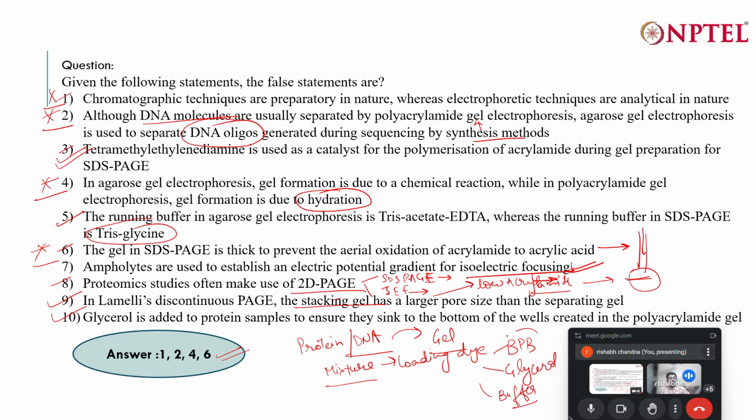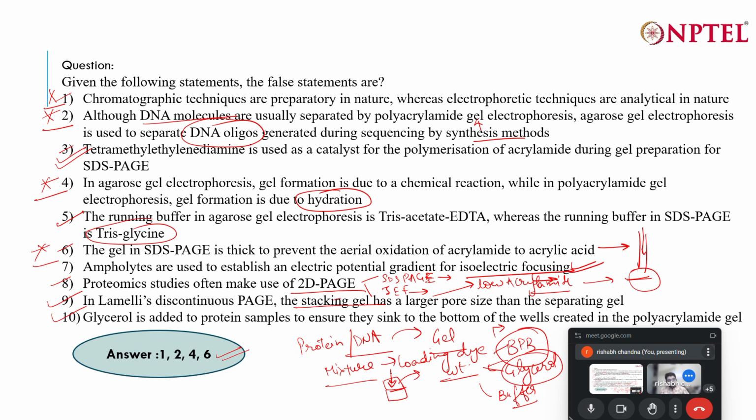Bromophenol blue helps in visualizing the position of the band while running the electrophoresis. Glycerol helps in increasing the weight, so that whenever we are loading into a well, for example the well is this much deep, if we are not applying any weight to this particular sample, it would float out.